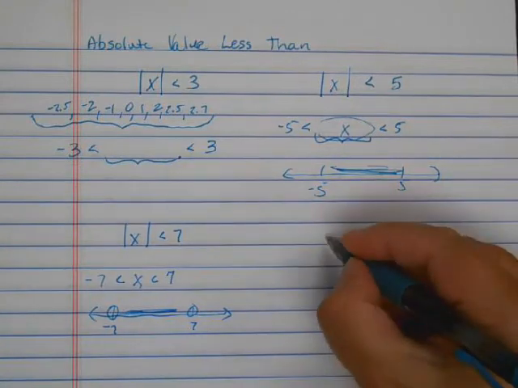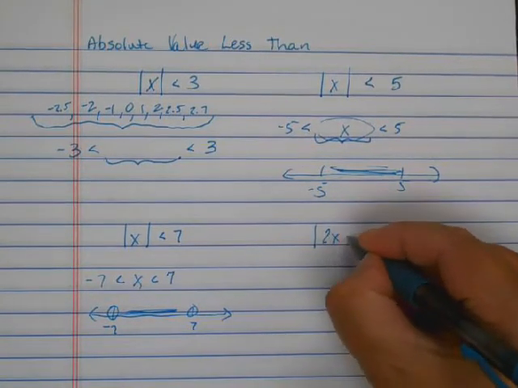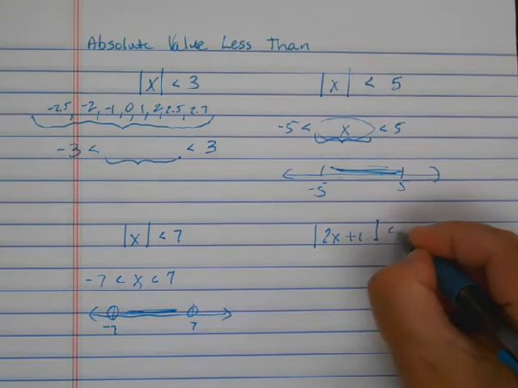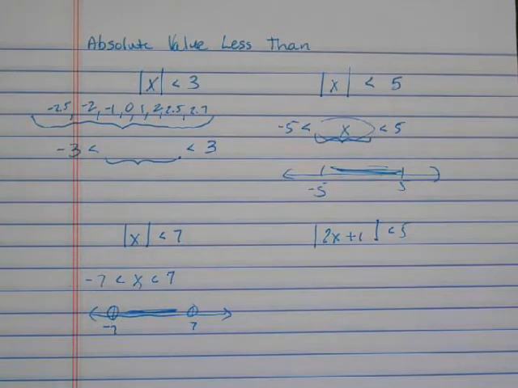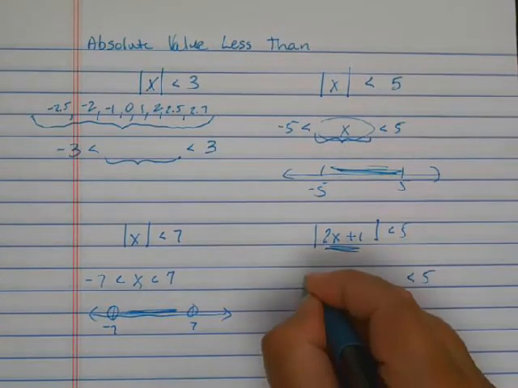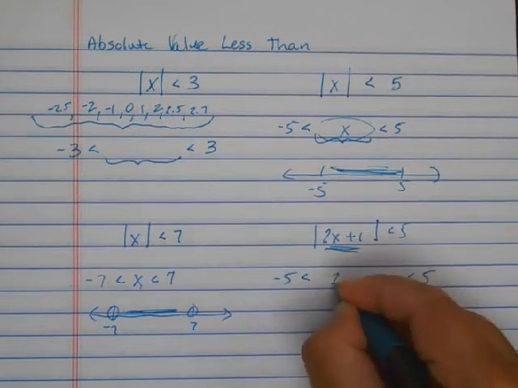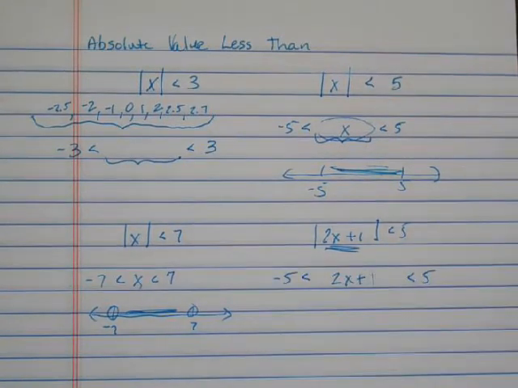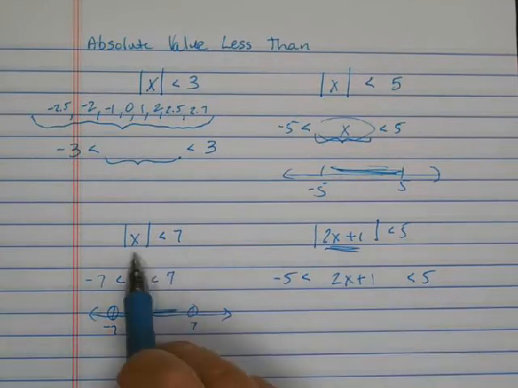Let's try this one. Absolute value of 2x plus 1 is less than 5. This time I know that whatever works for 2x plus 1 has to be smaller than 5, but bigger than -5. So this one's a little different because we have an expression inside of here and not just x.